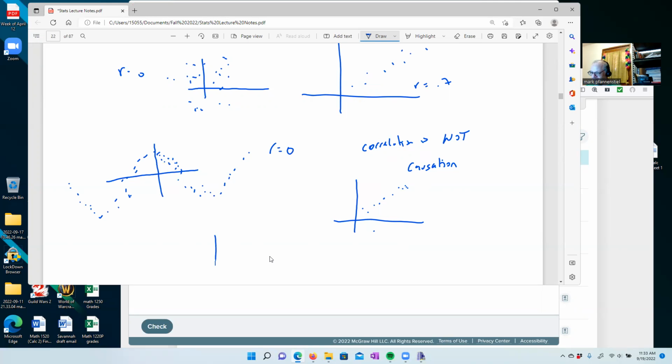Let's see if I can remember how this works exactly. So yeah, just because two variables might be related, you don't know that variable one causes variable two, or variable two causes variable one, or could there be an influential factor?